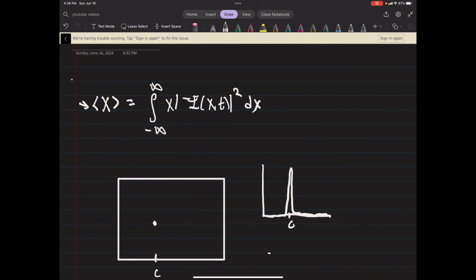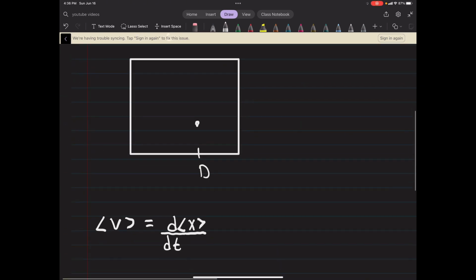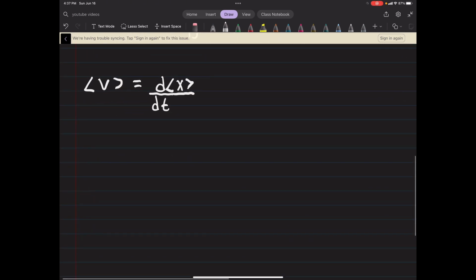Similar with classical mechanics, if you solve your equations of motion, be it Newton's law or Lagrangian or Hamiltonian, and you get an equation of motion, you can very easily, by just taking a time derivative, get your velocity. So that's all we're doing here. This is kind of the analog to that.